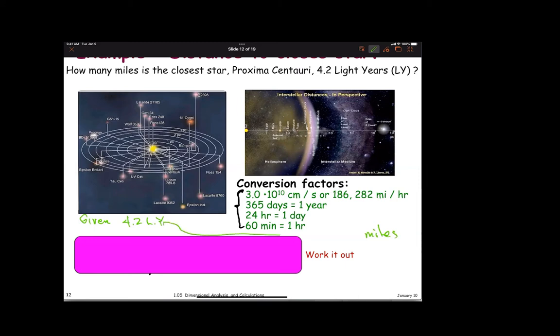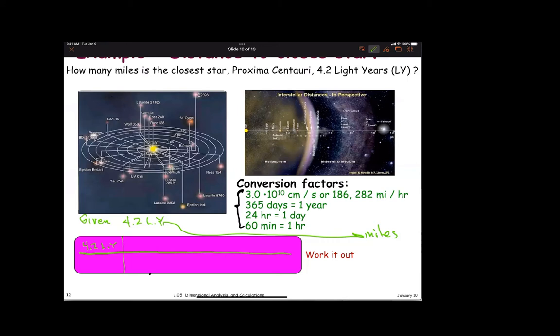So that's my goal. I have to go from light years to miles. Whenever you do a dimensional analysis conversion, always start with the given, 4.2 light years, and then find the conversion factors that will allow you to convert that information to the desired units.